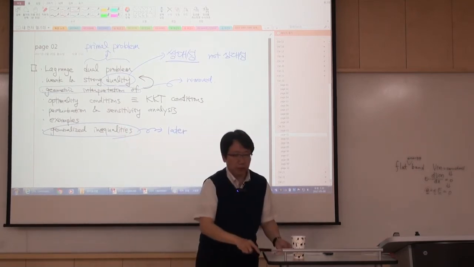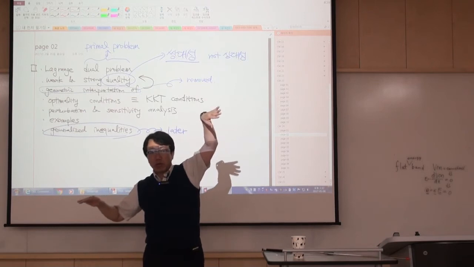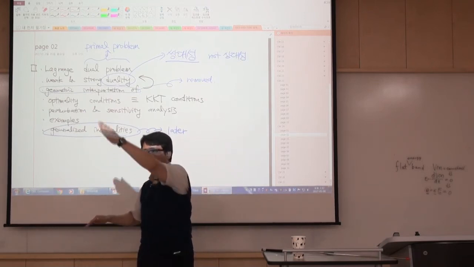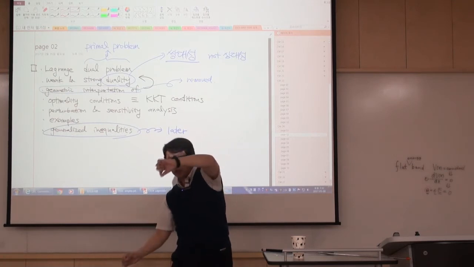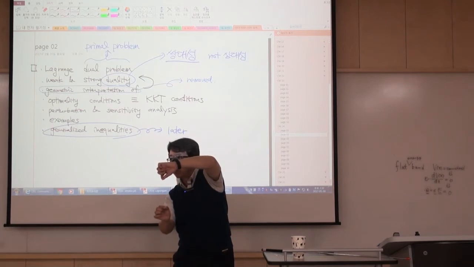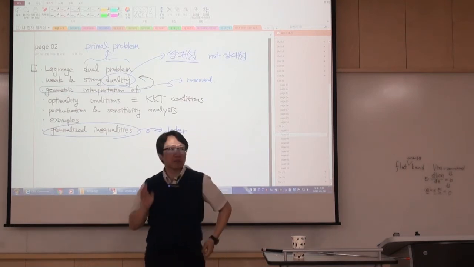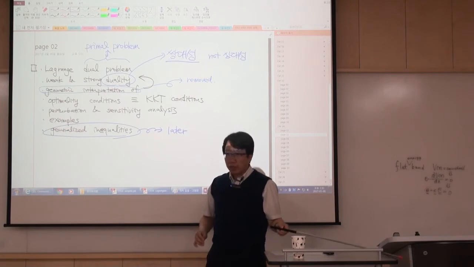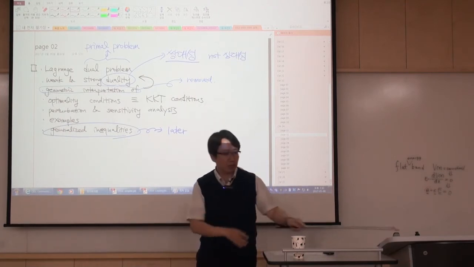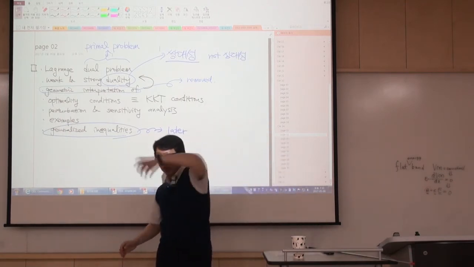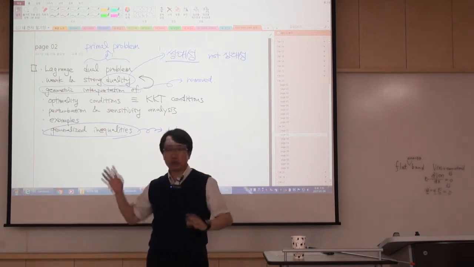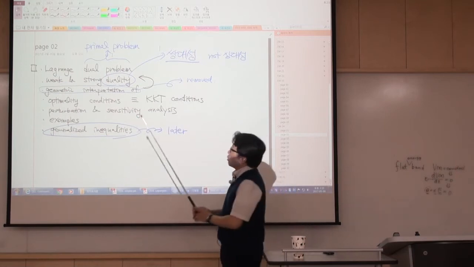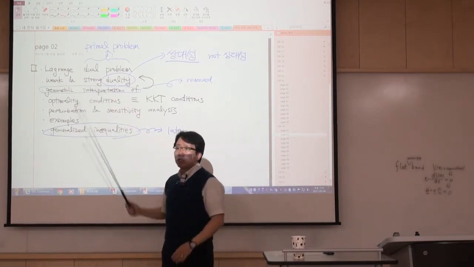So if I visualize it somewhat, you have the objective function of the primal problem, and you have the objective function of the dual problem. So this value is always greater than or equal to this value. Got it? But sometimes, very interestingly, they are the same. So it's like this function and this function touch here. It's kind of an oversimplification, but you will see today. So this weak and strong duality means this.